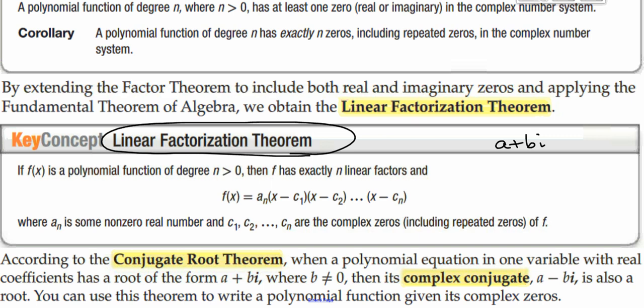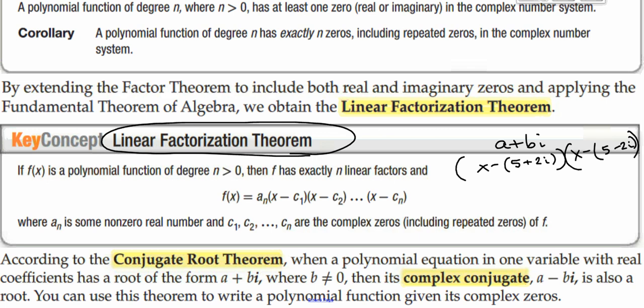And so this is saying everything can be factored completely into these linear factors. Notice it's calling them linear factors, and it's not saying the word binomial, because the factor could actually be x minus 5 plus 2i. And that's the factor. x minus c is actually this complex number. And then we'd have x minus 5 minus 2i.